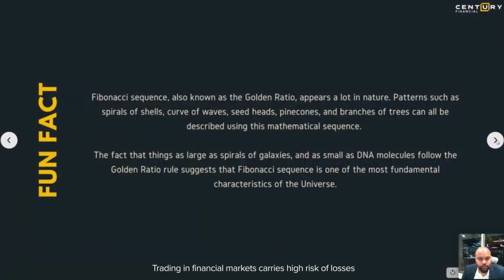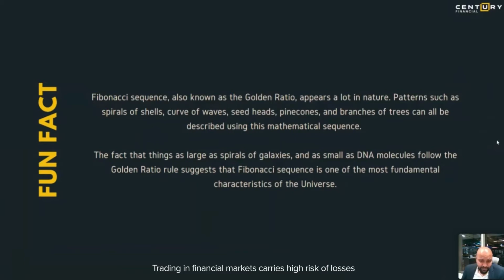All right, so the Fibonacci sequence, also known as the golden ratio, appears a lot in nature. Patterns such as spirals in shells, curves in waves, seed heads, pine cones, branches of trees, all can be described using the mathematical sequence. The fact that things as large as spirals of galaxies and as small as DNA molecules follow the golden ratio rules suggests that the Fibonacci sequence is one of the most fundamental characteristics of the universe.